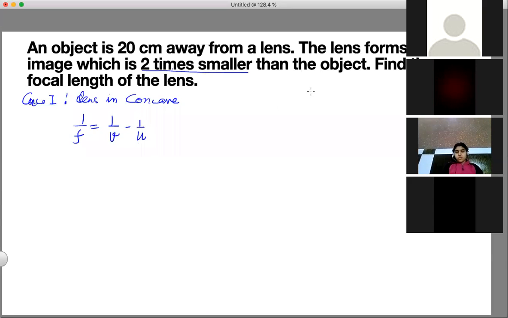Okay, and we also know that m is equal to v by u, which is equal to half, which tells us that 2v is equal to u. So, sorry, we should find v is equal to u by 2.